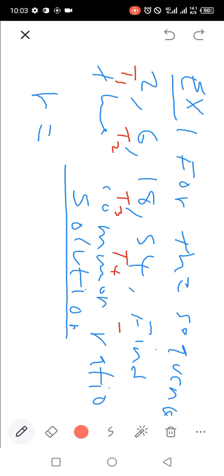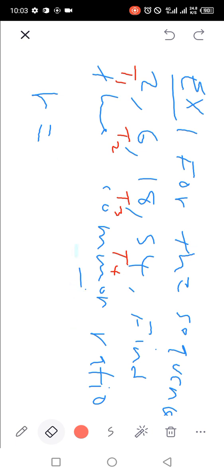Oh, there's no term 5. So we have to say T2. So we have already said ratio is term 2 over term 1.